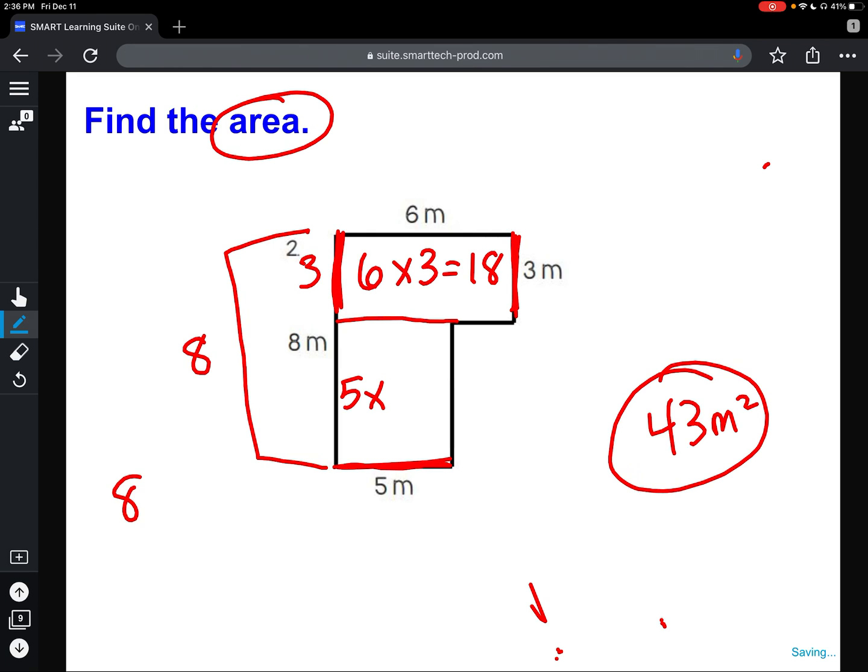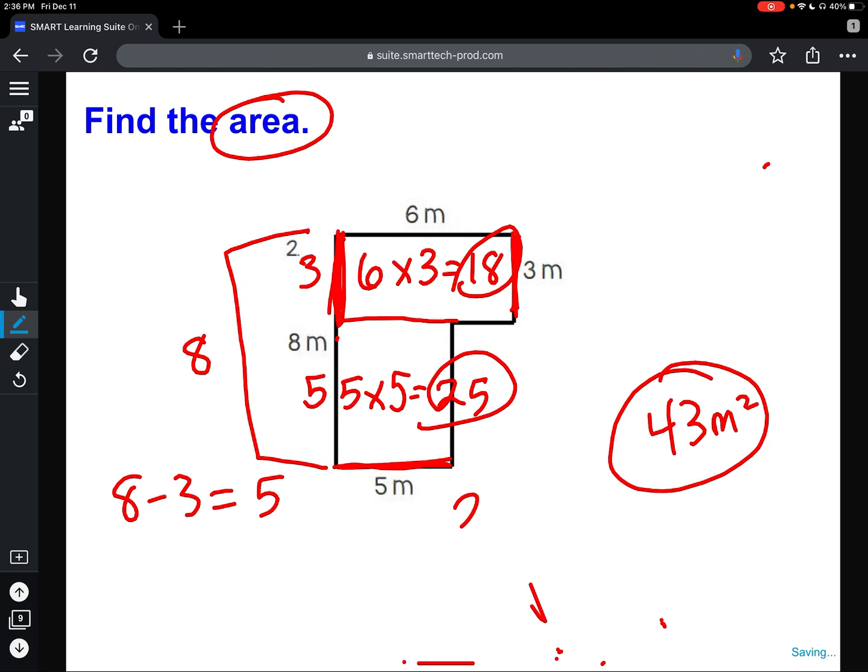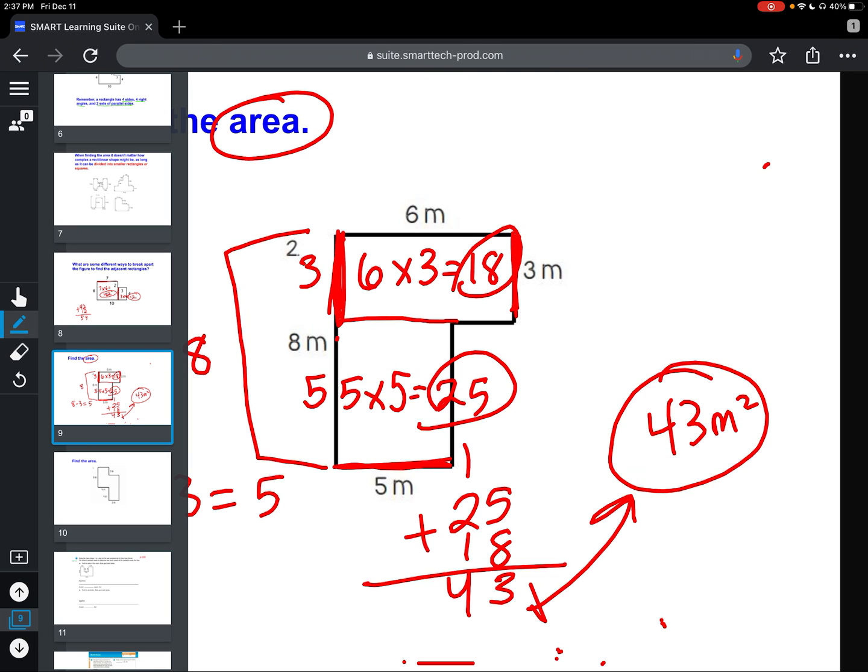So 8 minus this chunk here will give you the length. 8 minus 3 is 5. So right here is 5. 5 times 5 is 25. 25 plus 18 gives you 43, which is the same answer as the first picture. So this one was a little bit more complex than some of the other ones that we've seen.